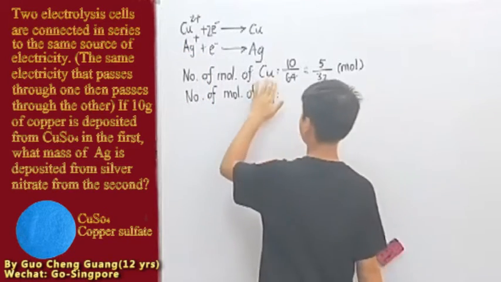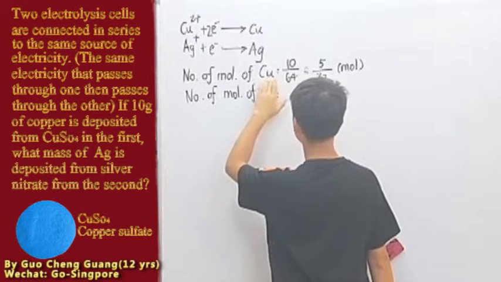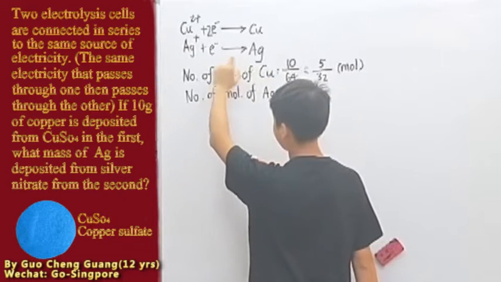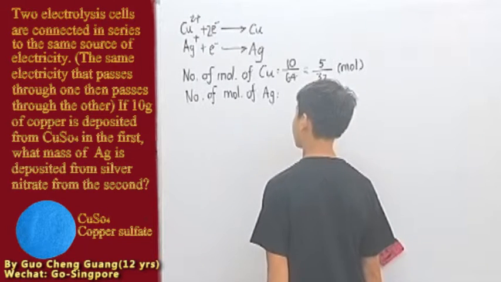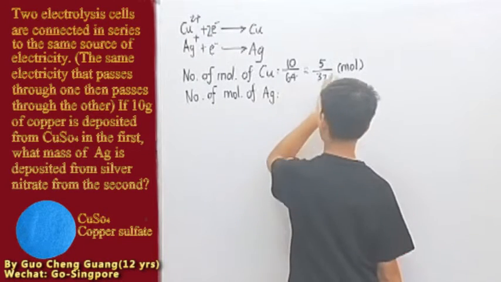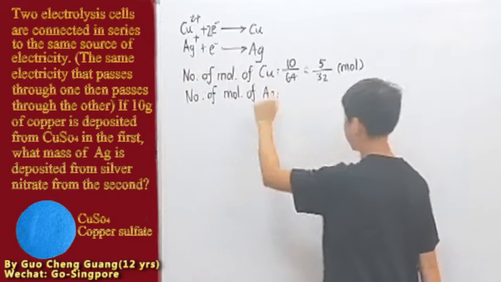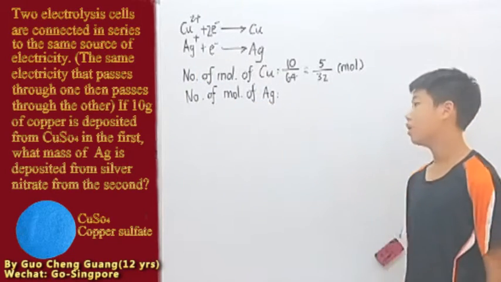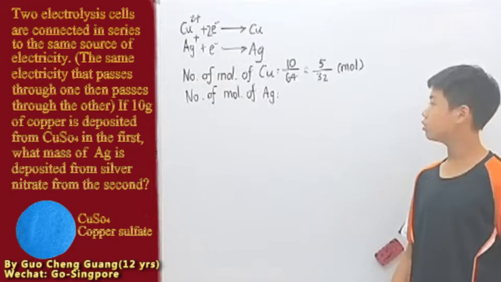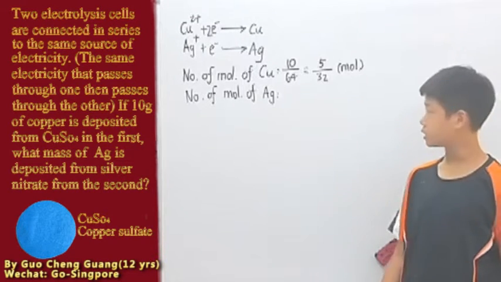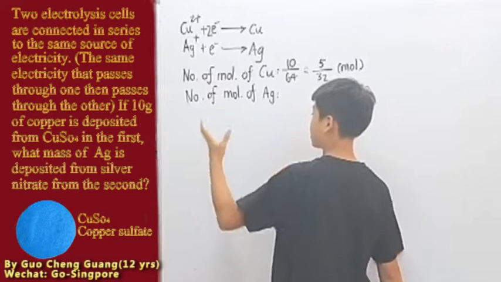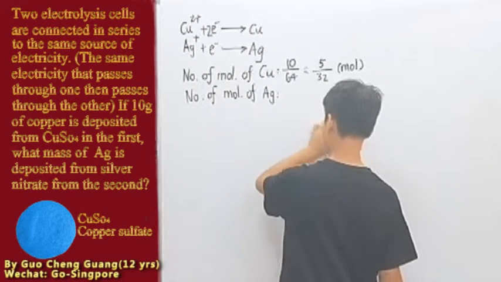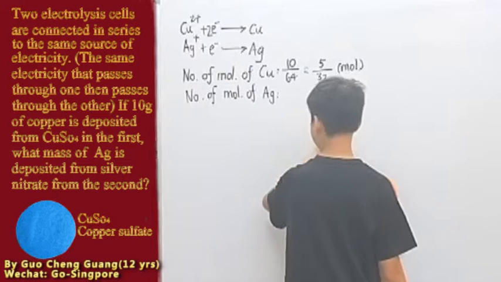So here, the number of moles of copper, when you times 2, is actually the number of electrons used. So when this times 2 is the number of electrons used, that means it's the number of electrons given from the current. Because we are given that it's connected in series, the current is the same.